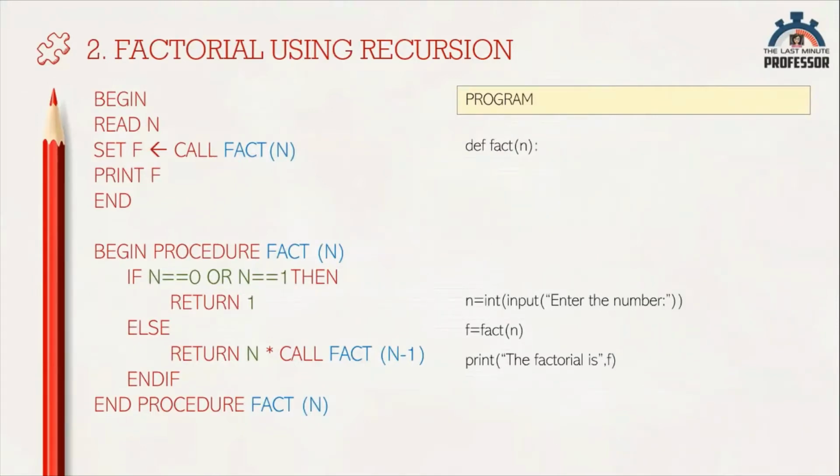Then within parentheses, mention the parameter, that is the variable that holds the value passed during the function call. So here I am keeping it as n. So n will hold the user input that is passed. Kindly note, here you need not mention the data type of n. Then followed by a colon.